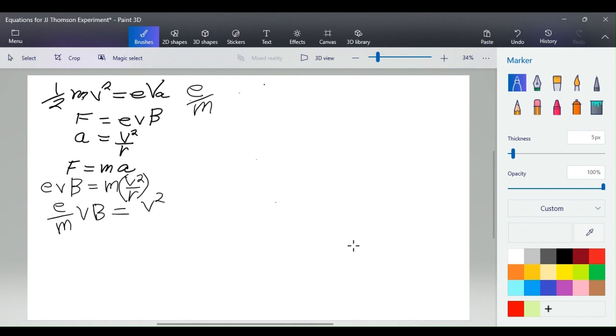V squared over R. And then if I divide both sides by the velocity of the electron and the magnetic field, that's going to give me V squared, the numerator, and then V, same velocity, times the magnetic field.